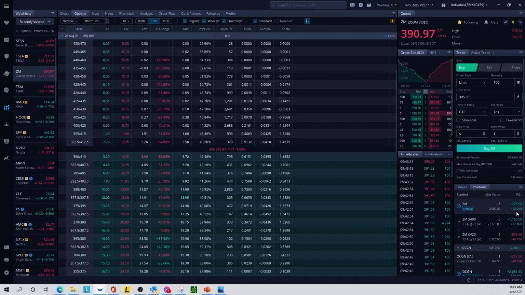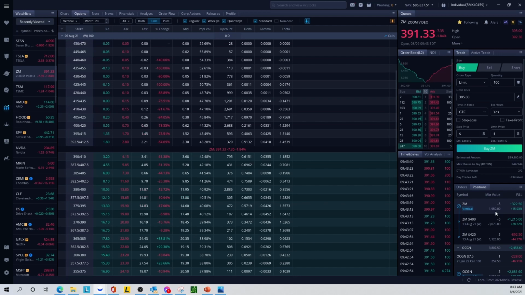I've made 12%, but there's still quite a bit of market value left on those contracts. That is mostly extrinsic value. We can probably talk about that in another video, but since these contracts are out of the money, there's no intrinsic value with these contracts, so it's all time value and volatility, which is extrinsic value.